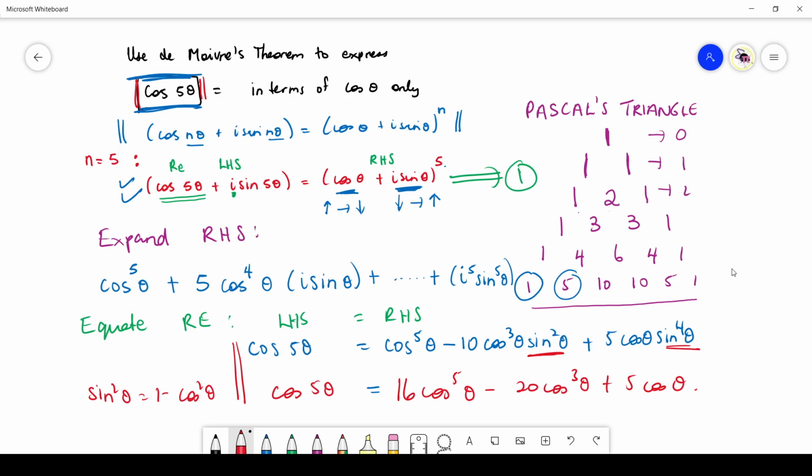And furthermore, you can use De Moivre's theorem to evaluate expressions of the form cos n theta plus i sin n theta raised to a power. Very, very useful things you can do with De Moivre's theorem and moving from one form back and forth.